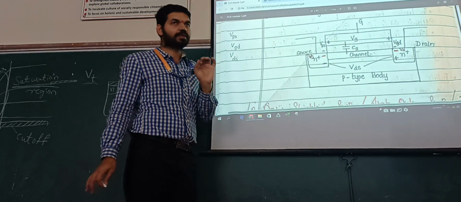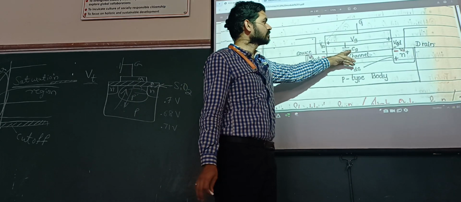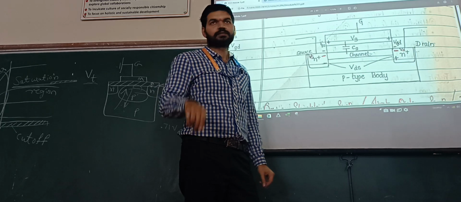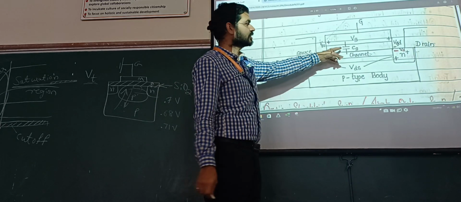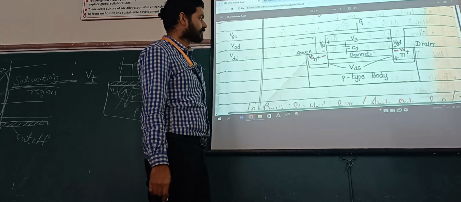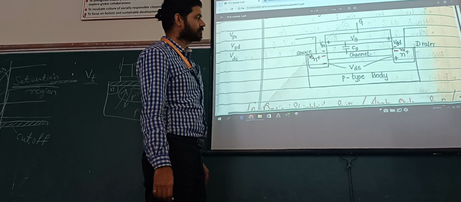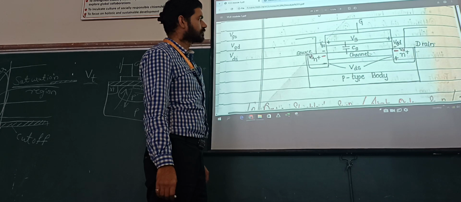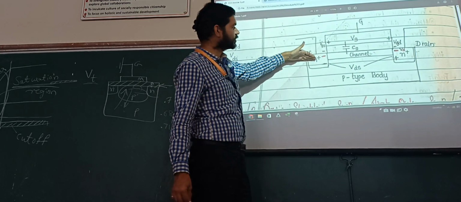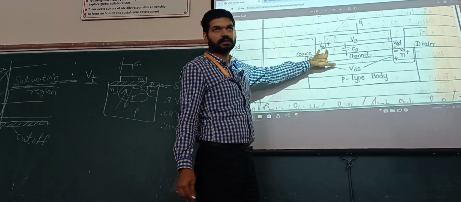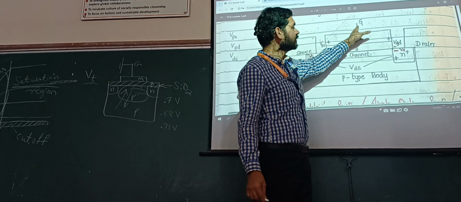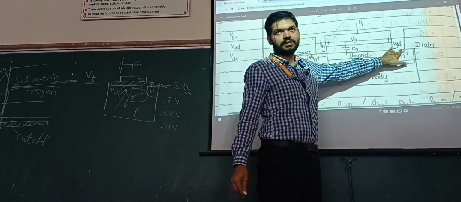CG is nothing but capacitance, it is actually gate capacitance. And the voltage between gate and the source is known as VGS. The voltage between gate and drain is nothing but VGD.